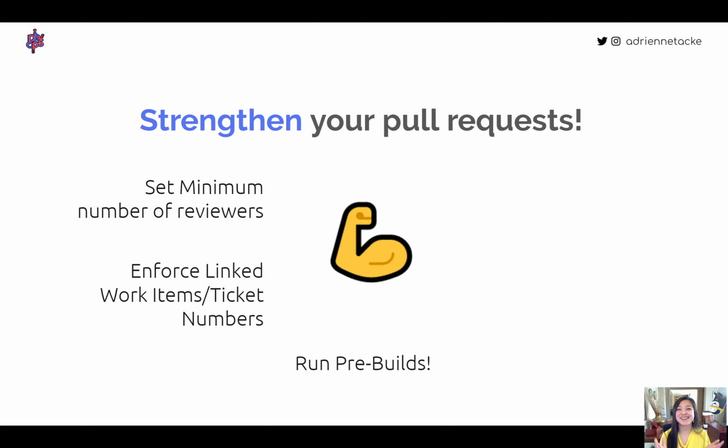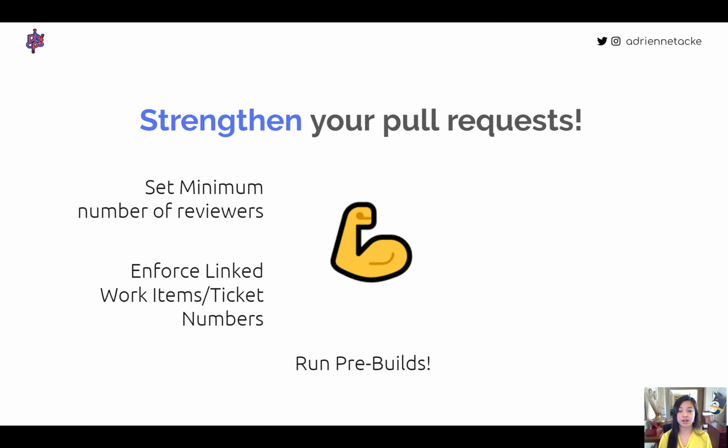Run pre-builds. I can't stress this enough. So many bugs and issues or things breaking have been saved by this one little step, which is, if you've used GitHub before, you'll see that when you open a pull request, and if the maintainers have set it up that way, it actually runs a dry run, a pre-build, to see if the changes that you're about to merge in are actually good and won't break the build.